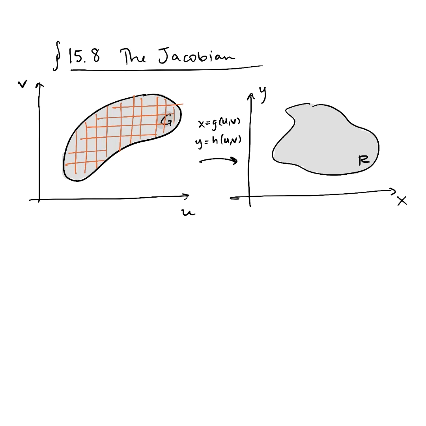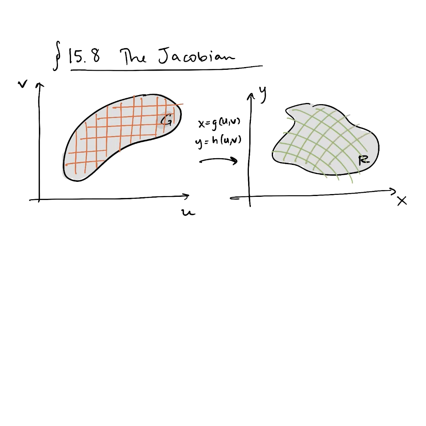Well, if U is changing, then X and Y are probably changing. And so those horizontal red lines correspond to some lines over there in R, but there's no reason to believe they're horizontal. X and Y might both change once you feed those U and V's into the functions G and H.